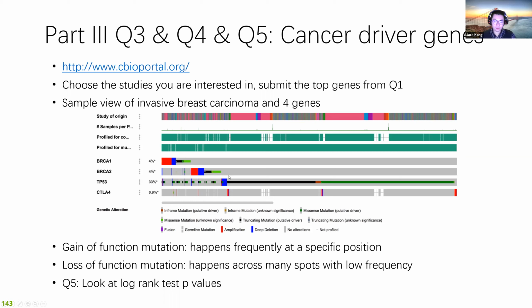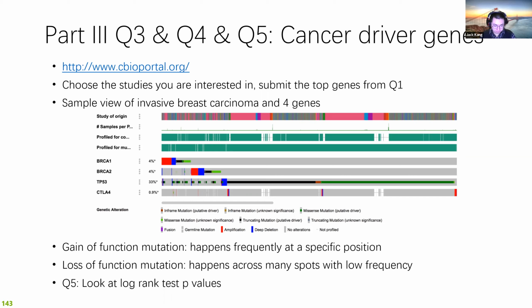There is no quantitative way to determine which gene is likely to be the driver. But if you have multiple genes, you should look at those with many mutations, or mutations across a large section of their gene body. So you can identify which ones are likely to be the driver genes.